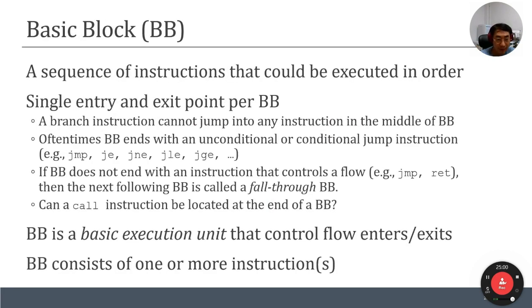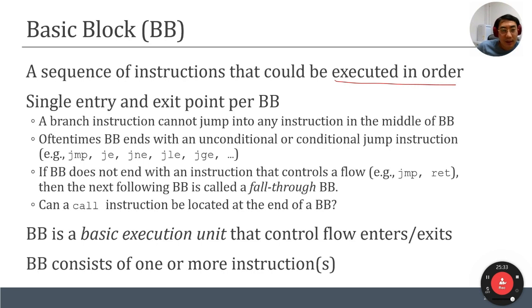Alright, what is a basic block then? A basic block is a sequence of instructions that could be executed in order. So this is an important part. Every instruction inside the basic block should be executed in order, sequentially. This means that there is only a single entry point and a single exit point per basic block.